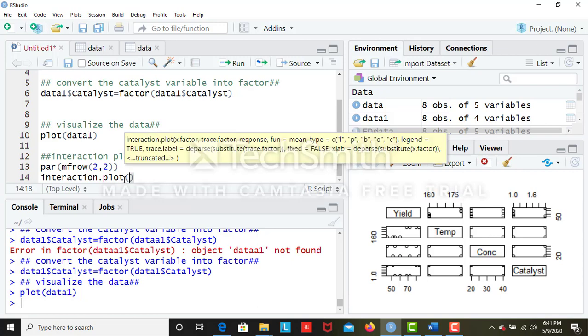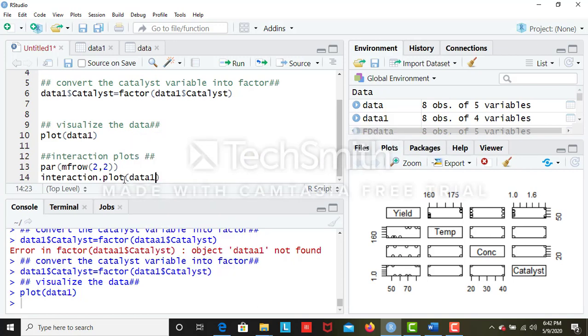Then I have data 1 temperature, then I have data 1 concentration, and I have yield, which is my response variable.